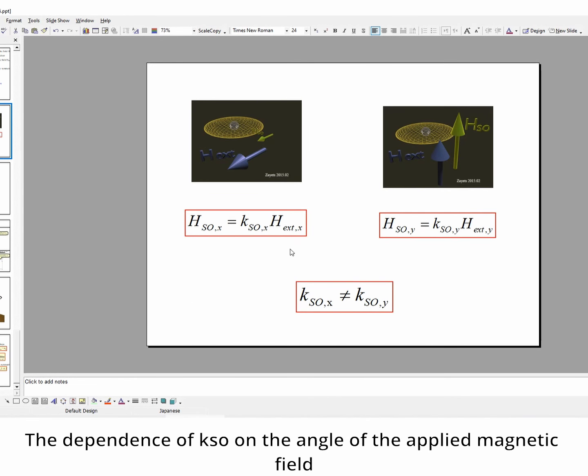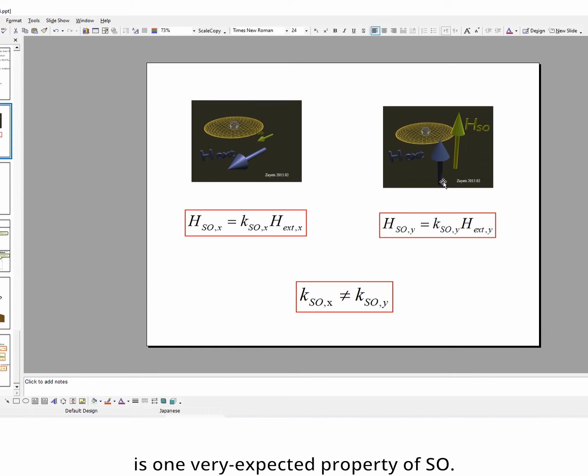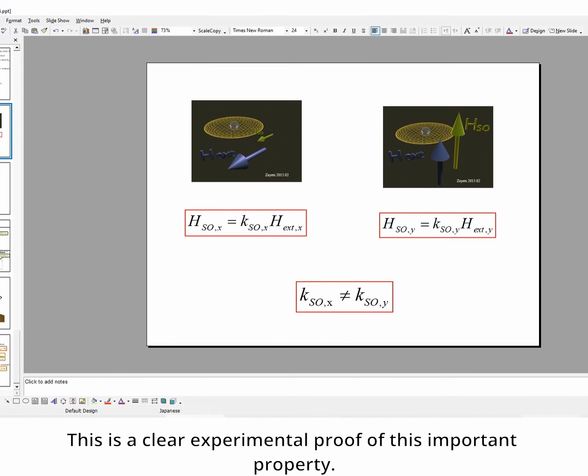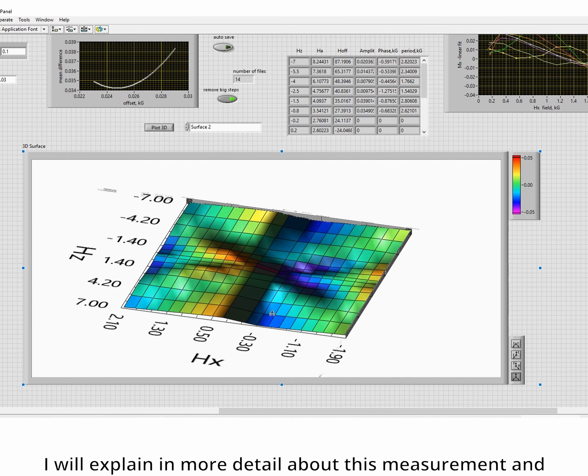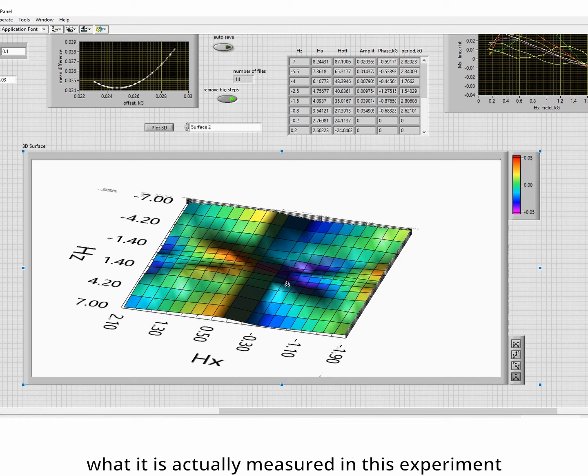The dependence of the coefficient of spin-orbit interaction on the angle of the applied magnetic field is one very expected property of the spin-orbit interaction, and this is a clear experimental proof of this important property. I will explain in more detail about this measurement and what is actually measured in this experiment in the following parts of this video series.